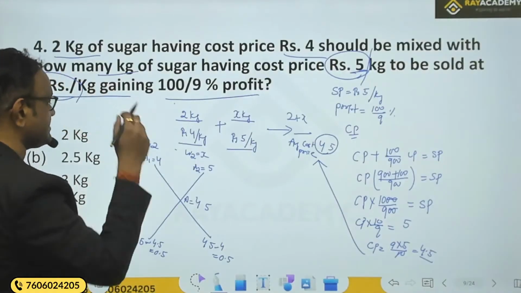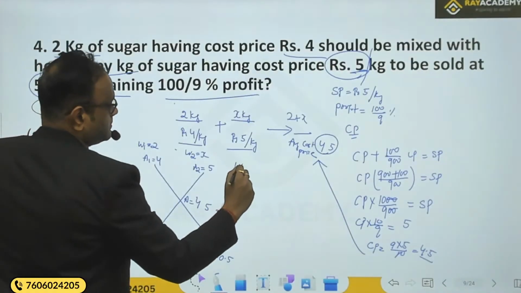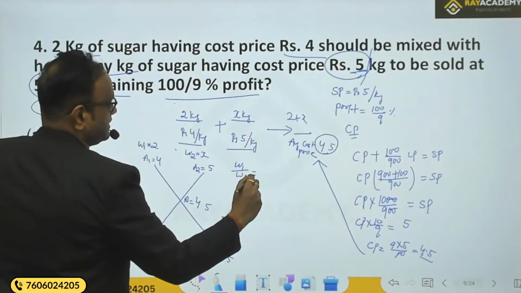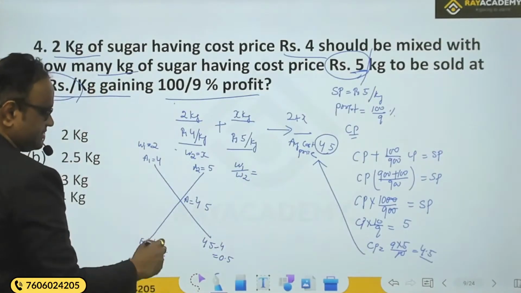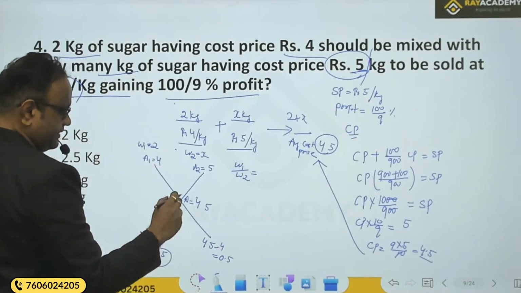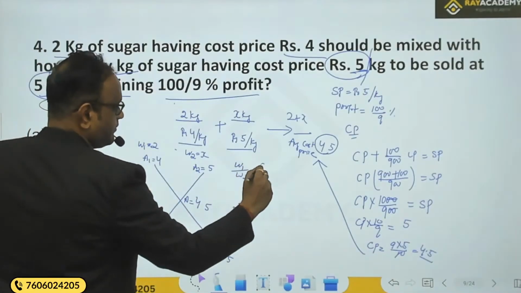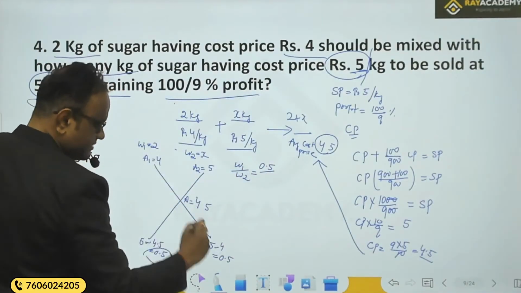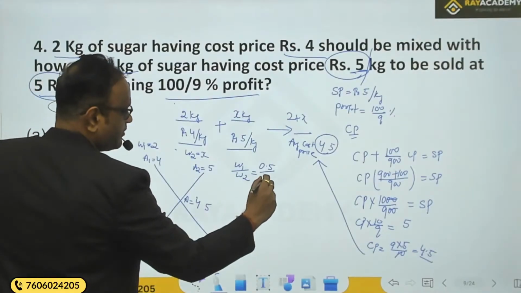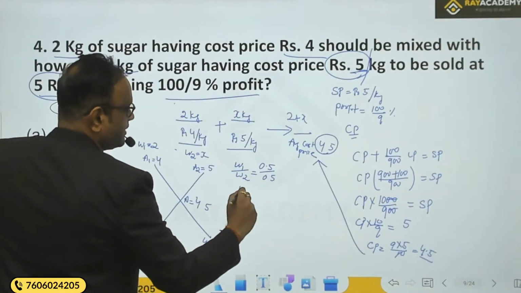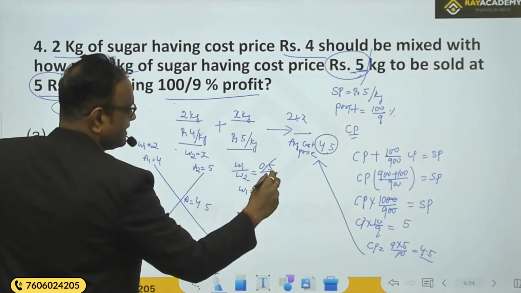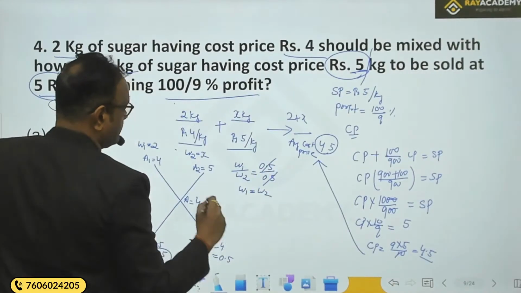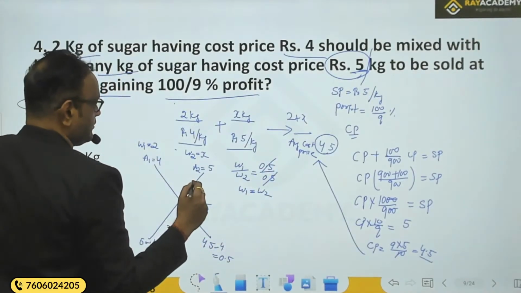What does the alligation rule say? W1 by W2 equals the difference of A2 and A, that is 0.5, over the difference of A1 and A, also 0.5. So this gets cancelled, W1 equals W2, but W1 is given as 2 kg.